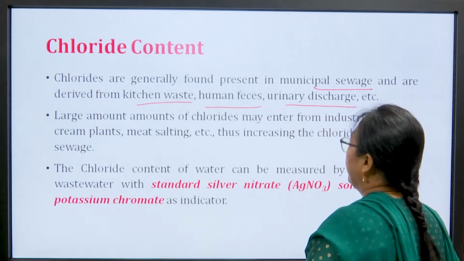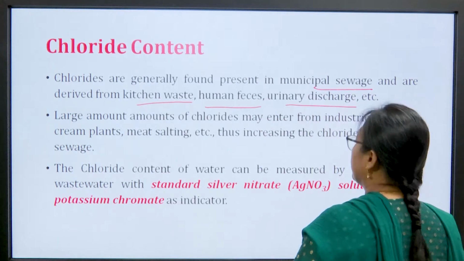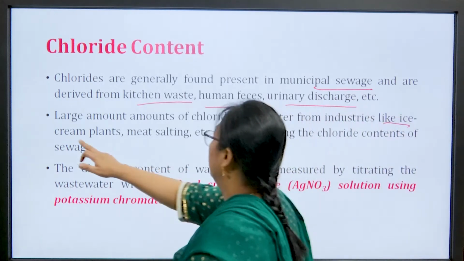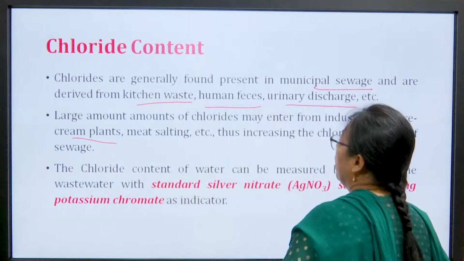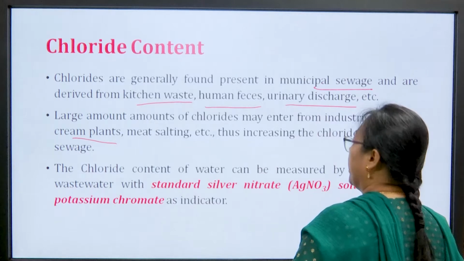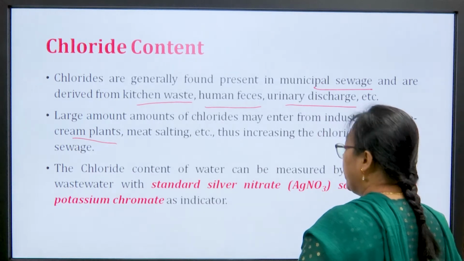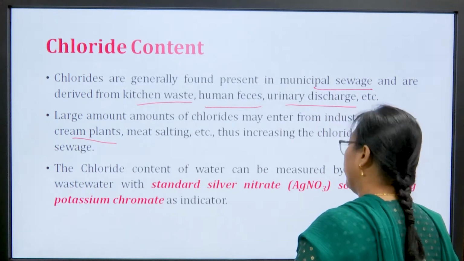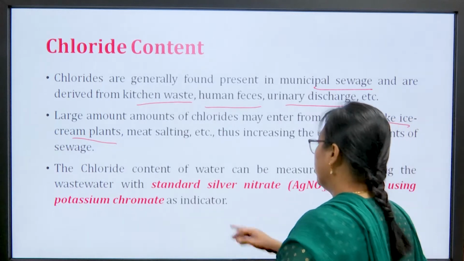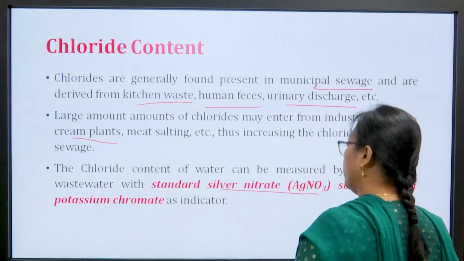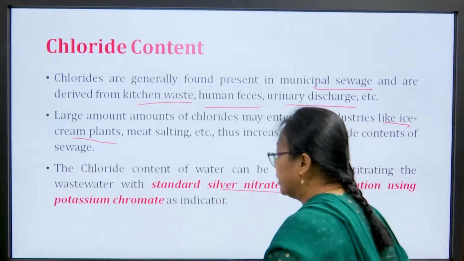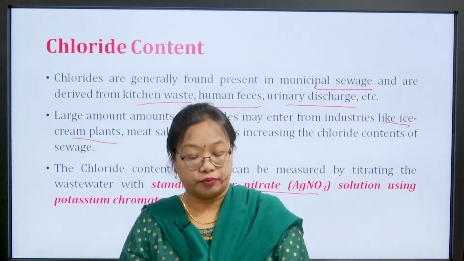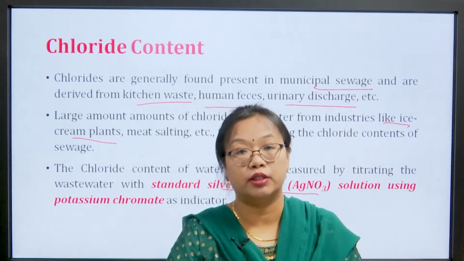Large amounts of chlorides may enter from industries like ice cream plants and meat salting, thus increasing the chloride content of sewage. Chloride content can be measured by titrating the wastewater with standard silver nitrate solution using potassium chromate as indicator. So, this is chloride.